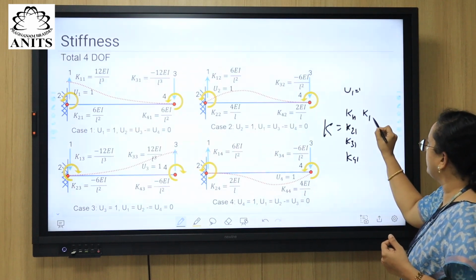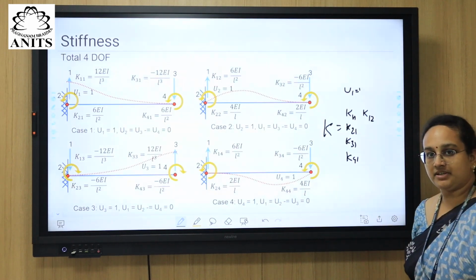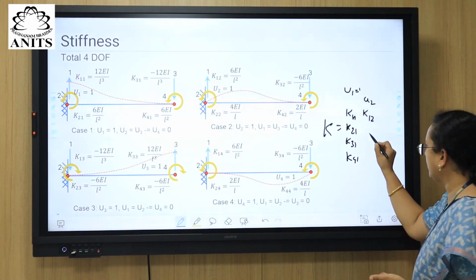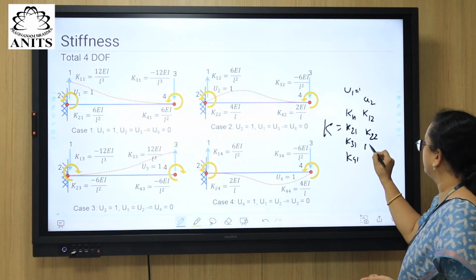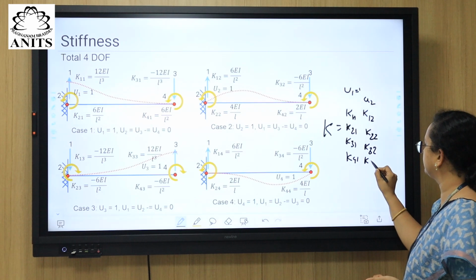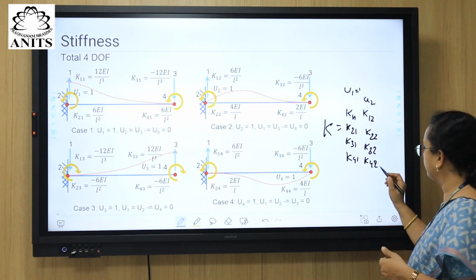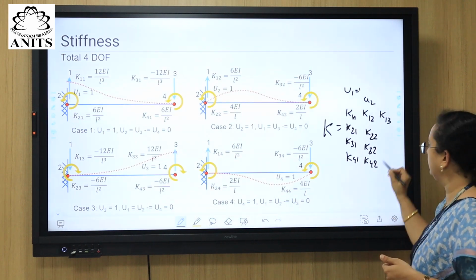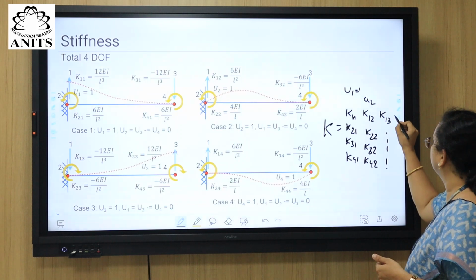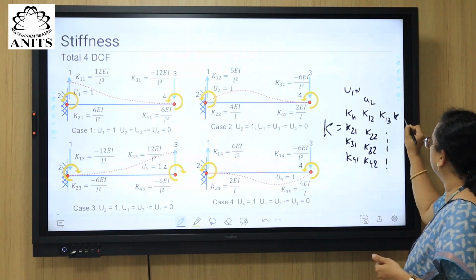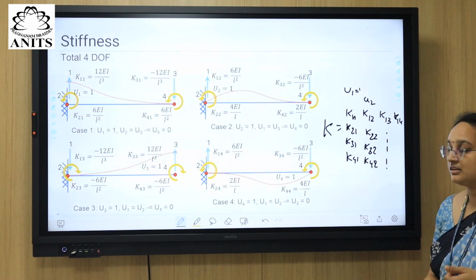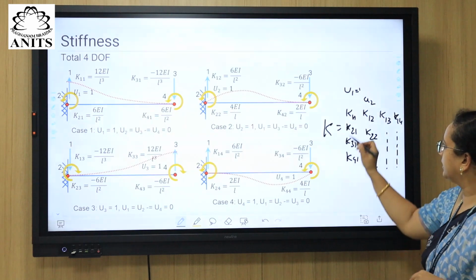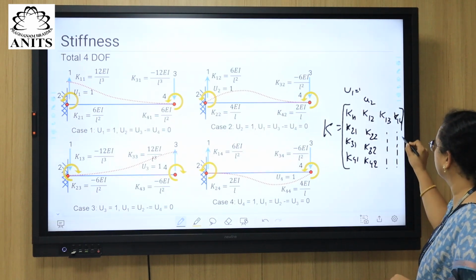Then K12, which is displacement in the direction of 2, U2, and force in degrees of freedom 1, 2, 3, and finally 4, right? So this is K42. Then you have K13, degrees of freedom 3, similarly, and then you have K14, which is force in direction 1, the displacement in direction 4, right? This constitutes a stiffness matrix.